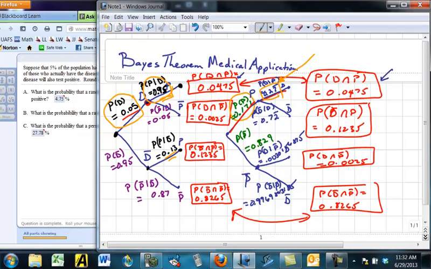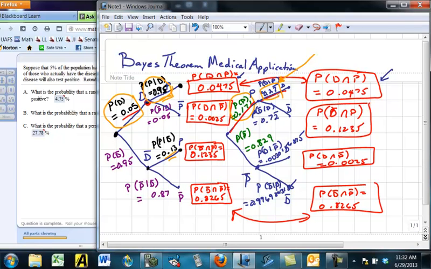And they look at it and they say, well, there's a 95% chance that they test positive if they have the disease. They confuse that with this conditional probability on the other side, the 28% chance that they have the disease if they test positive.